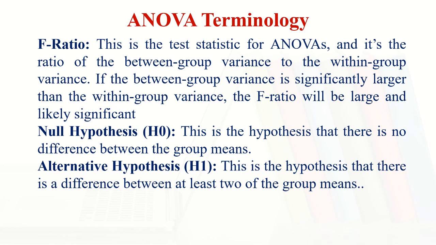Whatever the marks that I'll score, around 70%, in that class there will be 70%. This I'm assuming is H0, the null hypothesis. But my hypothesis will be rejected when, after the evaluation of everything with the help of ANOVA, we find that there is more than 75% marks in another group.